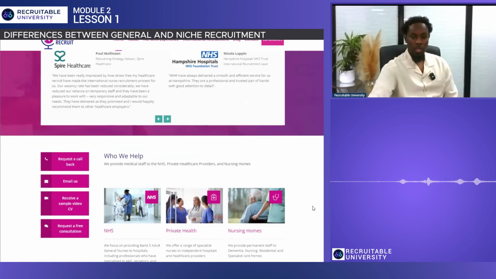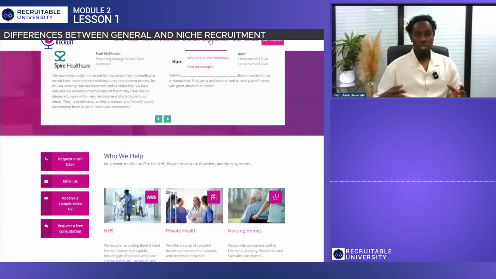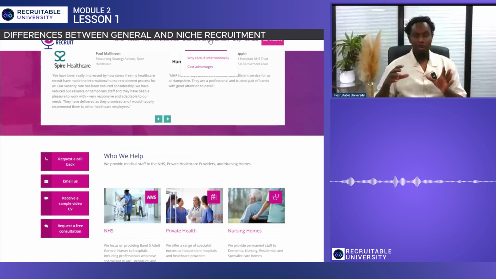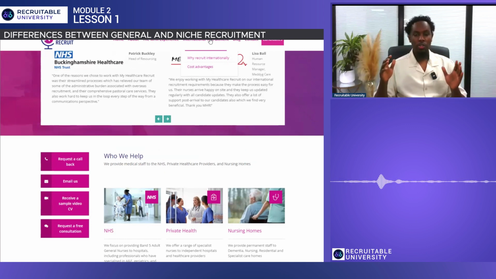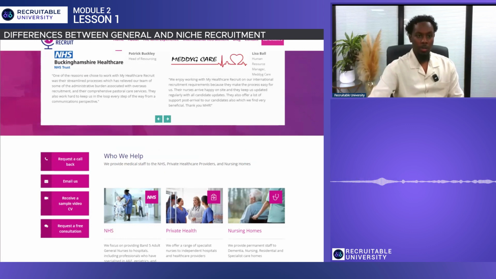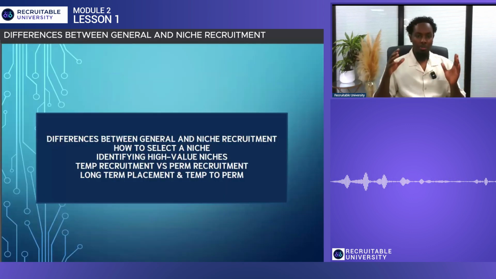So the difference between general recruitment and niche recruitment is that in general, you're going to be doing a bit of everything, whereas in niche recruitment, you have your focused niche that you're targeting and you know your market. Personally, I would find it a lot easier to deliver to.